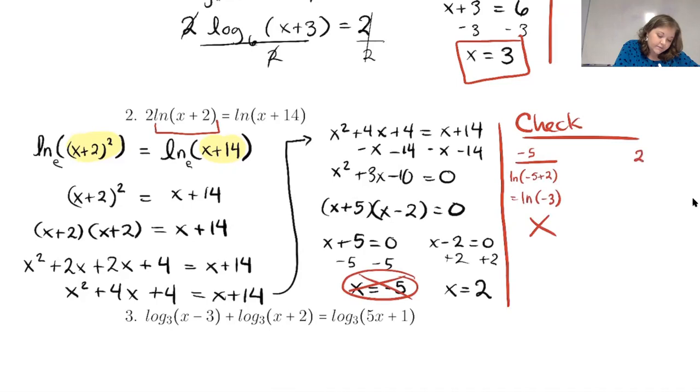So then we'll check 2 by plugging it into this first one, natural log of 2 plus 2 equals natural log of 4. That's a positive number on the inside, so that's okay. And then I'll plug it into the second logarithm.